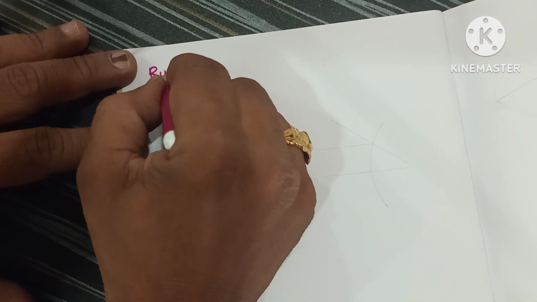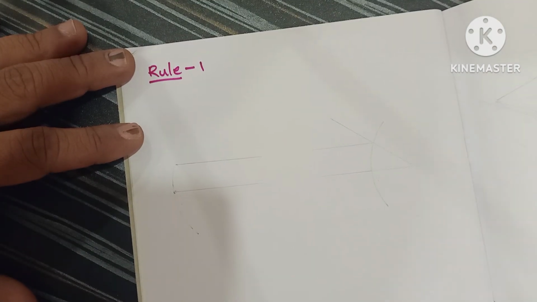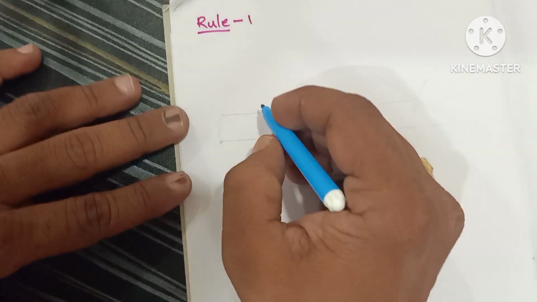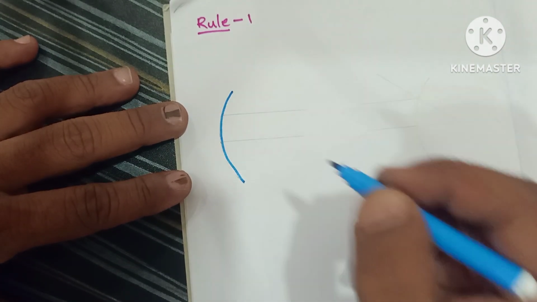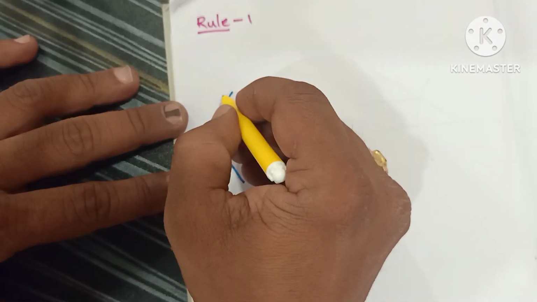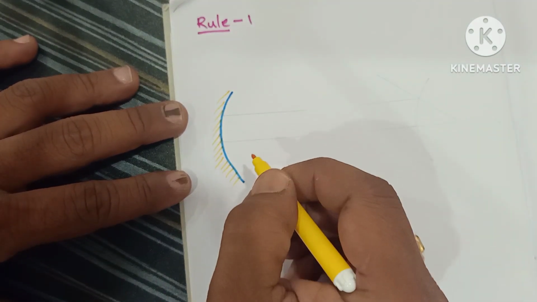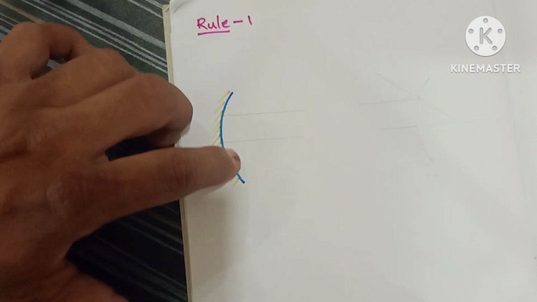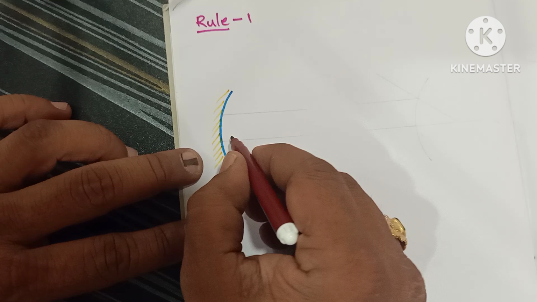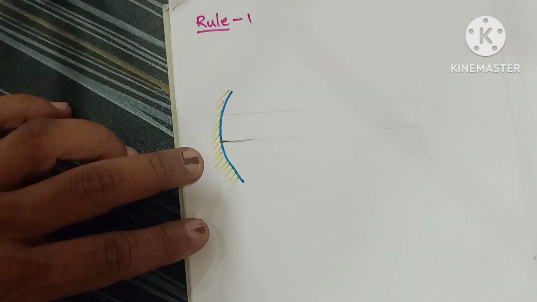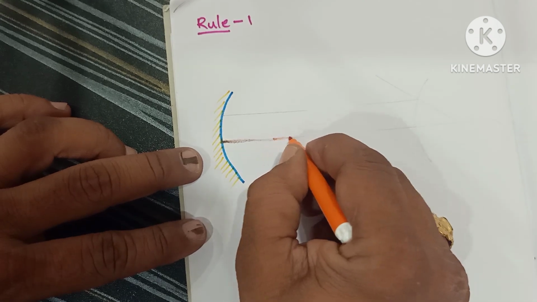Now this is rule 1, in which I am considering a concave mirror. We have already seen that a concave mirror has the outer, bulged side coated, and the inner side is the reflecting surface. Now this is the principal axis.